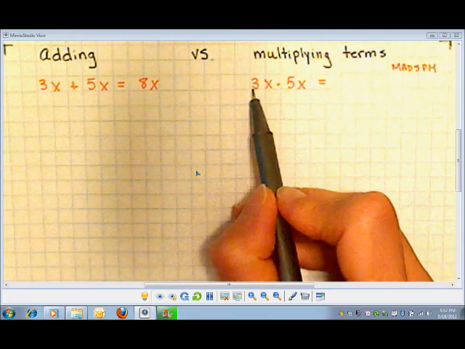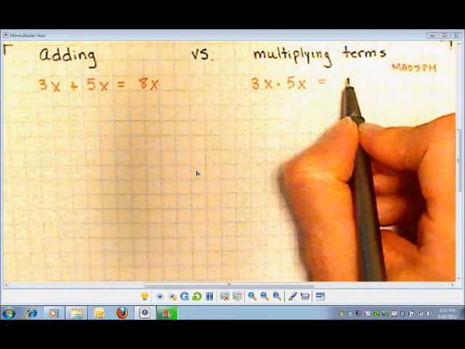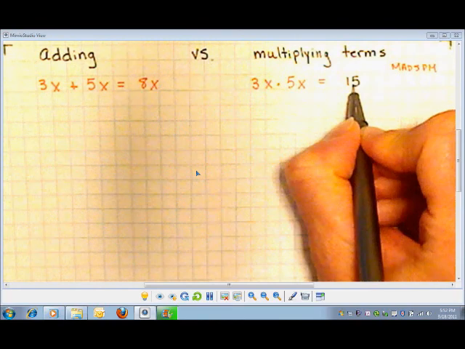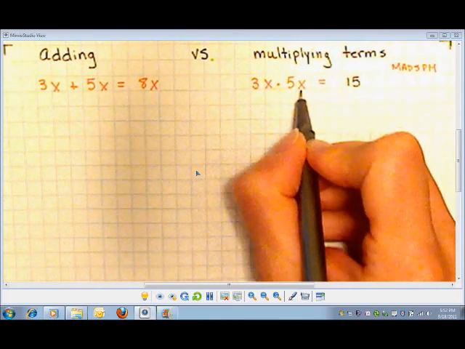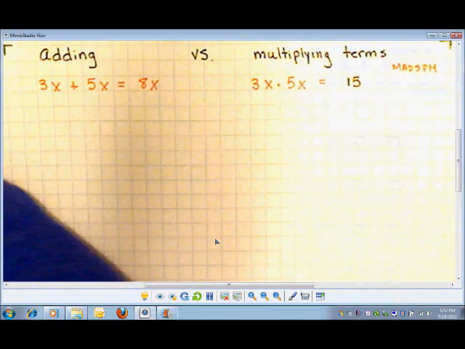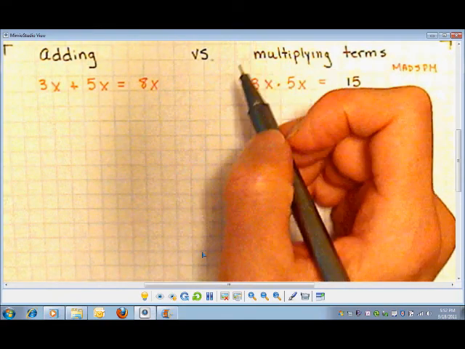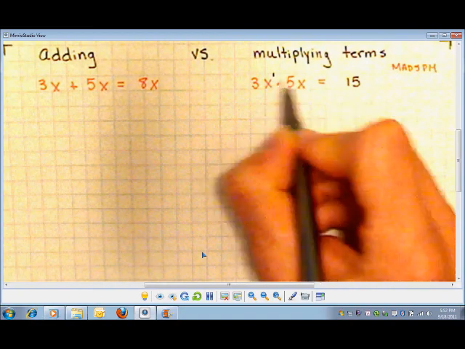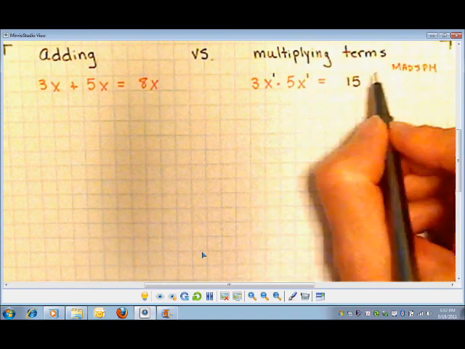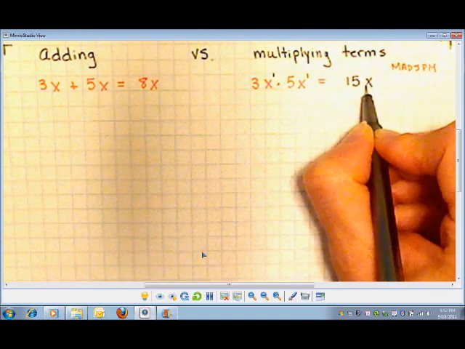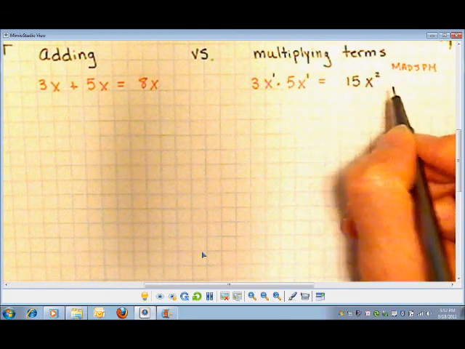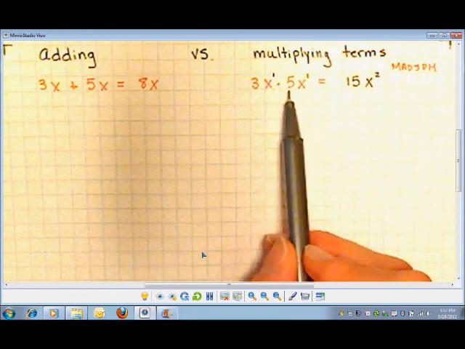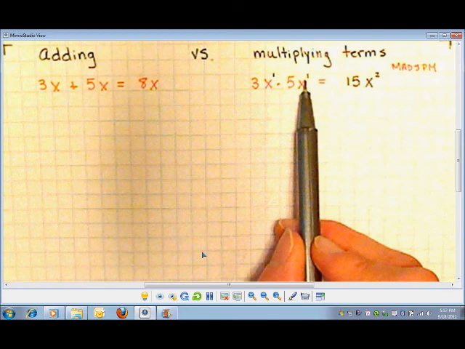I get 3 times 5, which is 15, and x times x. So x times x, remember I have an exponent here and an exponent here. So that's x squared, because I'm multiplying the same base, I add exponents.